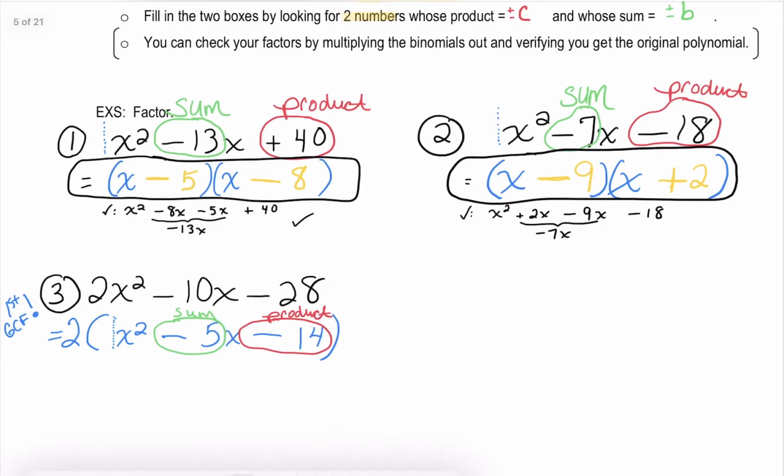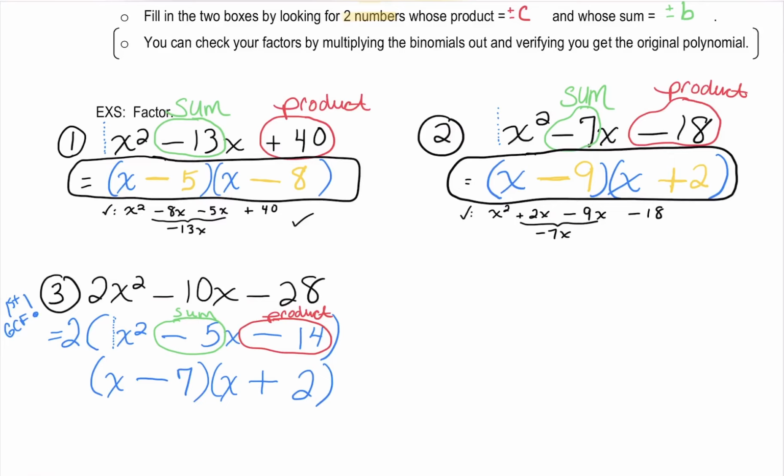So if this trinomial factors, it will factor, again, with an x and an x. Negative product, we've got to be thinking opposite signs. And probably the first 2 that jump at us, really the only 2 other than 14 and 1, and obviously that won't differ by 5, is 7 and 2. Now we've got to get to the sum of -5, so the -7 with the +2. That gets me to the -5. Again, you can multiply it out and check it. It will work.